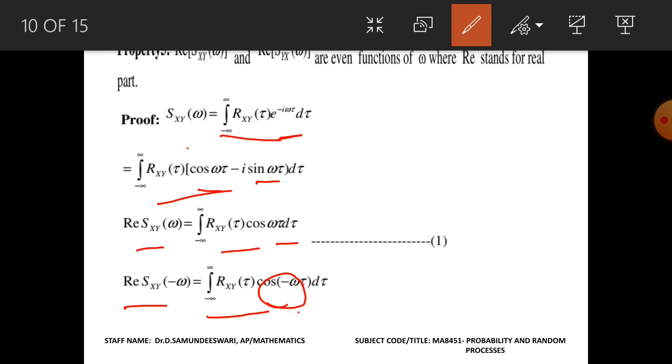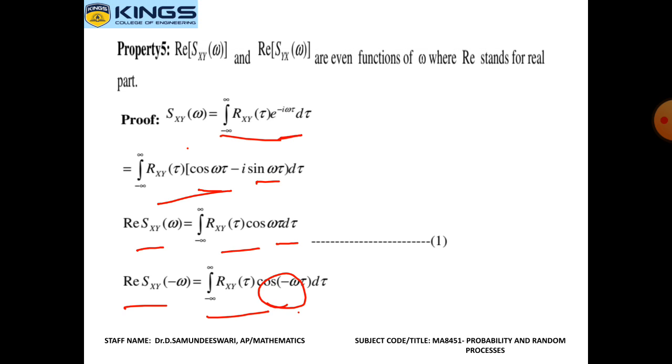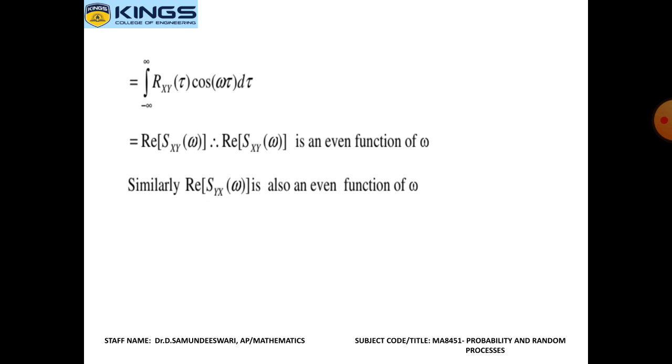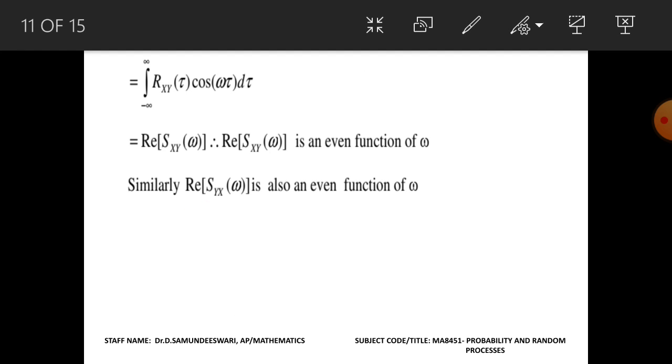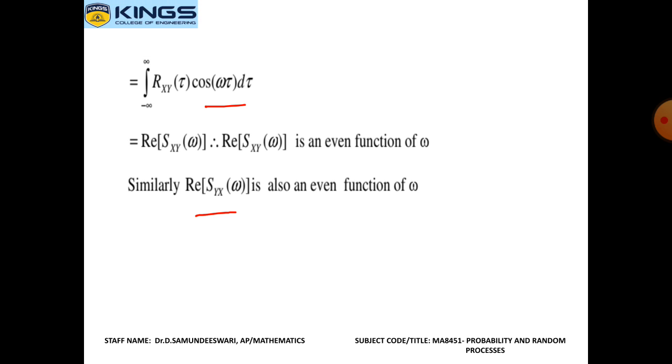So I am getting integral minus infinity to plus infinity Rxy of tau cos omega tau d tau. So this is a real function because the cosine inside is an even function. So real of Sxy of omega is an even function of omega. Similarly, we can prove the real part of Syx of omega is also an even function of omega.